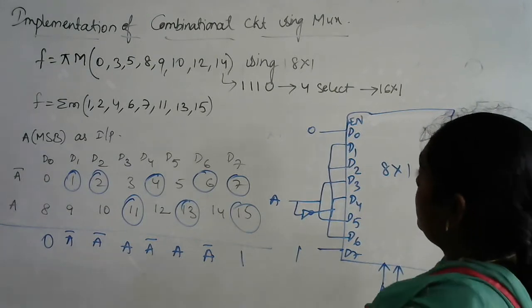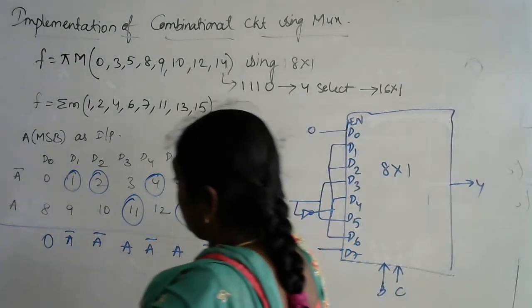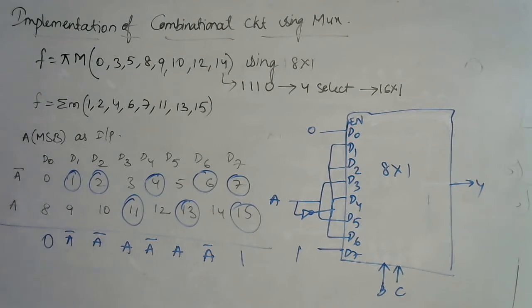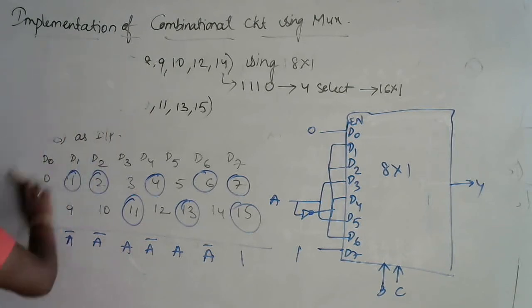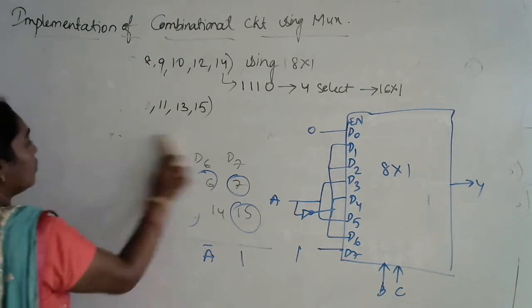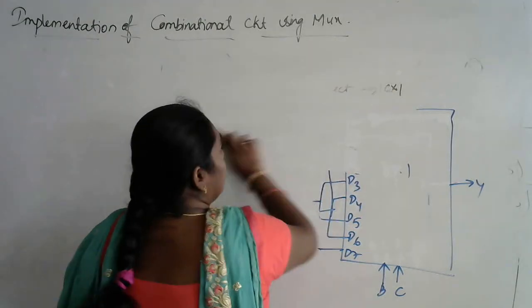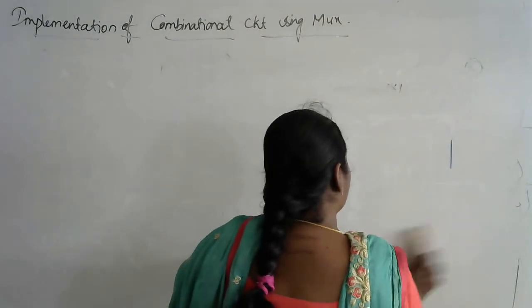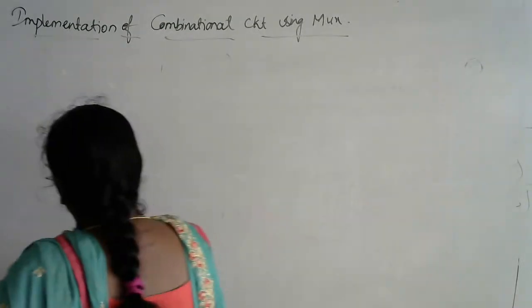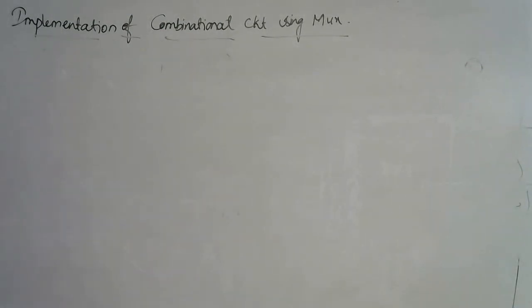Now, let me take down the next example with the don't cares. With the don't cares is one example, let us discuss, and let us discuss more how to cascade the multiplexers in the same problem.